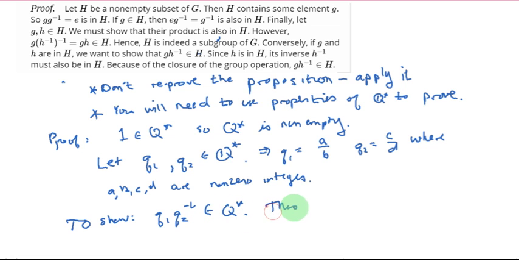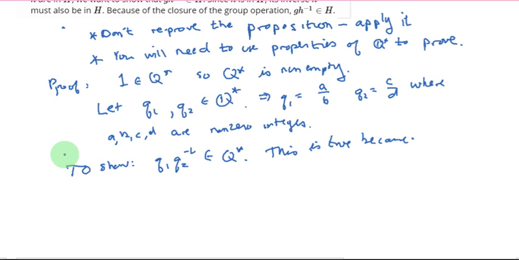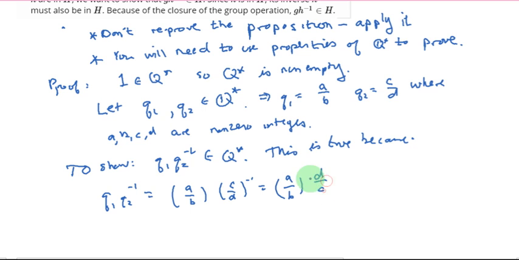Okay, this is true because, well, let's do the division. q1 times q2 inverse, that's going to be equal to, well, my q1 is a over b, my q2 is c over d inverse, so that's equal to a over b times d over c. All right, and that's okay to do this because I say that these are non-zero integers. I can take this without a problem. So that's equal to ad over bc.